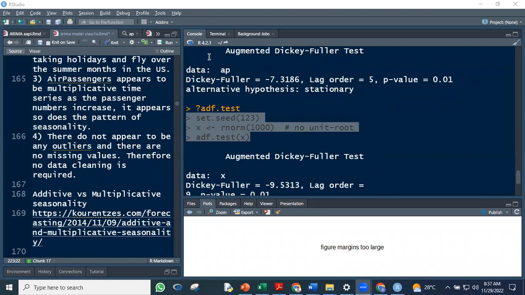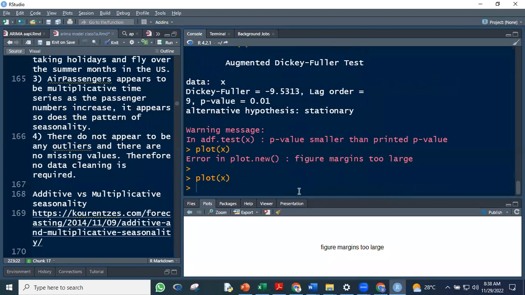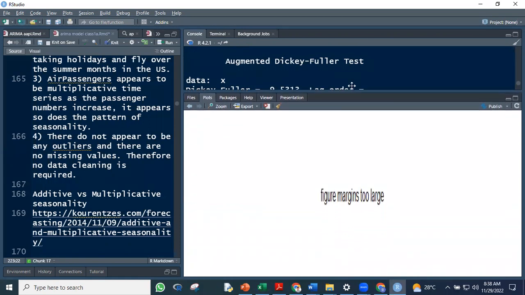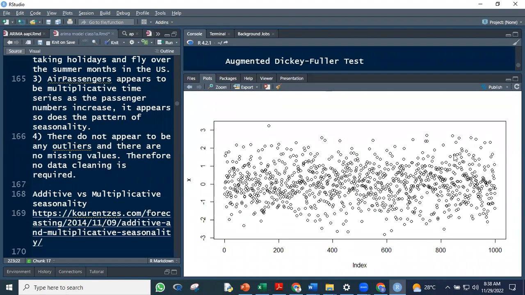Then we test the ADF. It says here that the p-value is 0.01. So we reject the null hypothesis that your data is not stationary. In fact, when I plotted the data, plot X, this came out.